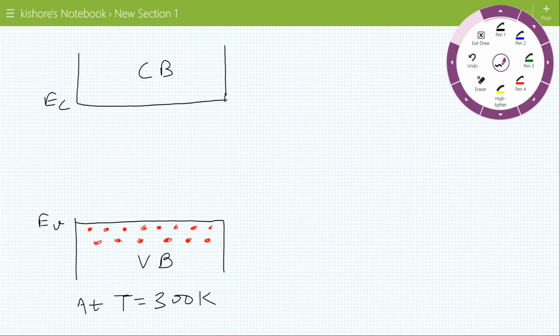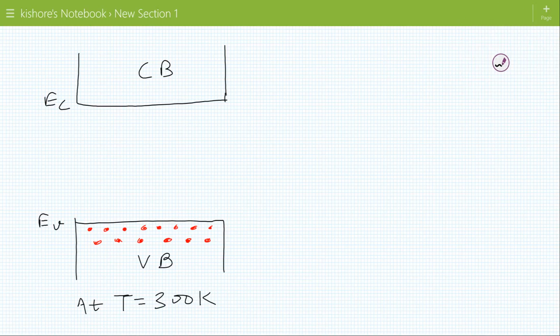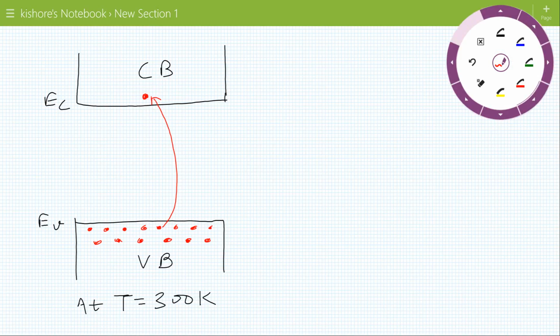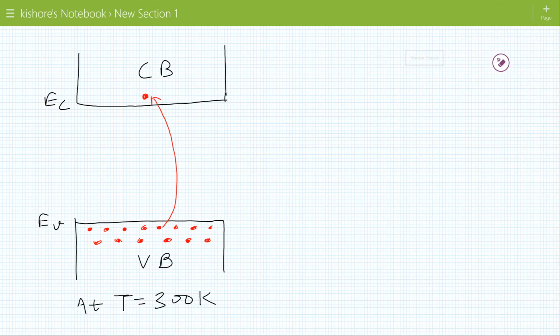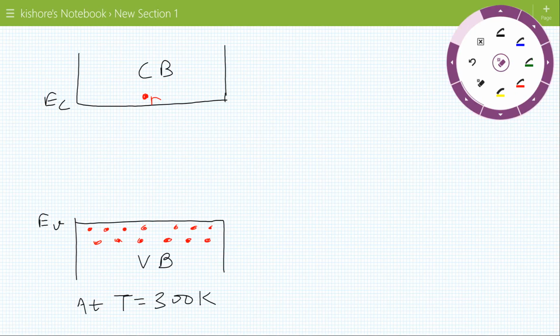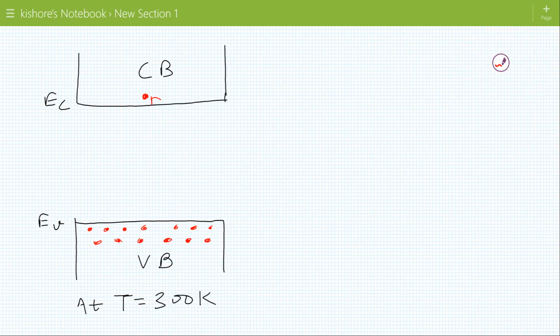From the valence band, the electron will jump to the conduction band, and this will create a hole in the valence band.